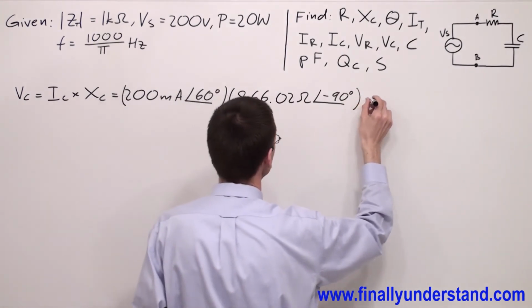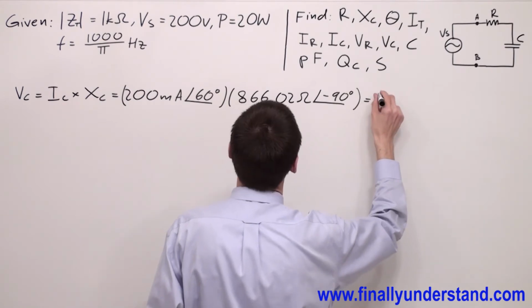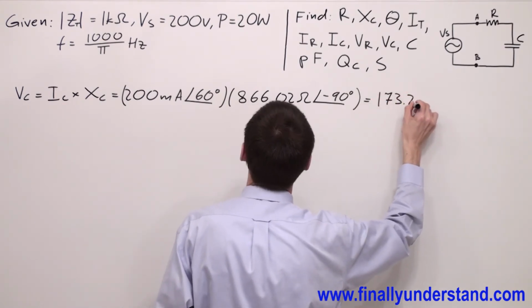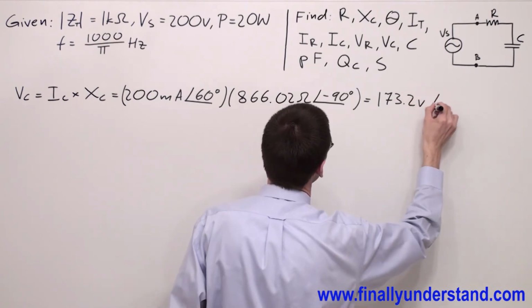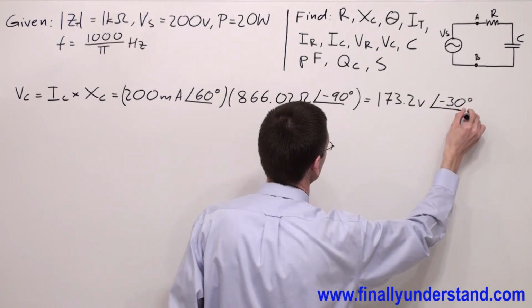Okay, multiply them together. You're supposed to get the value of 173.2 volts and angle of negative 30 degrees.